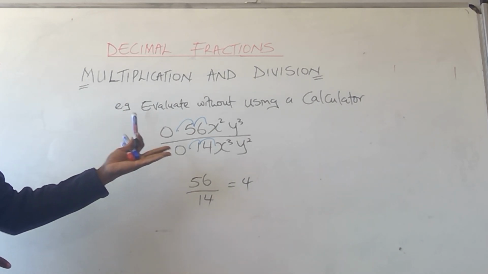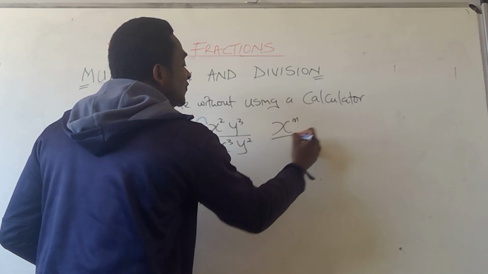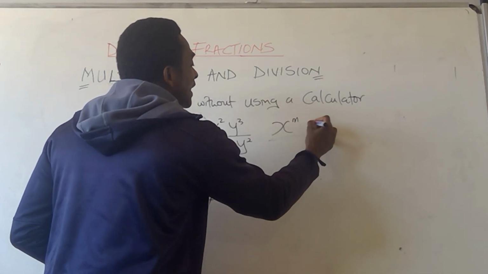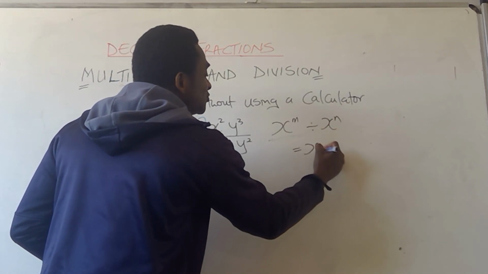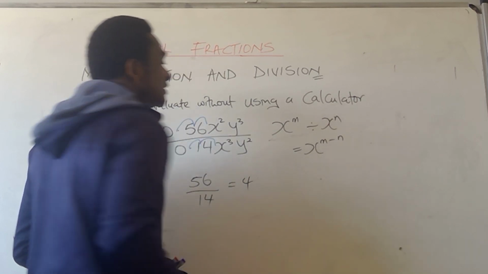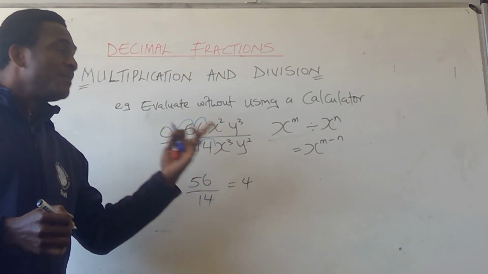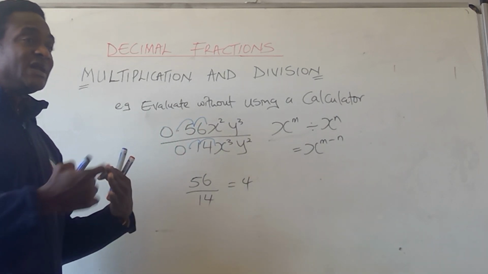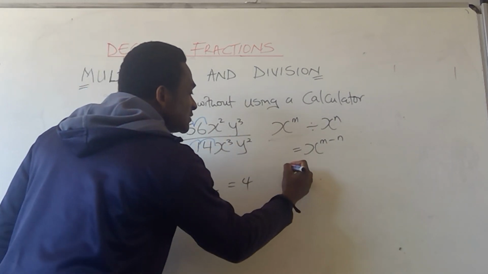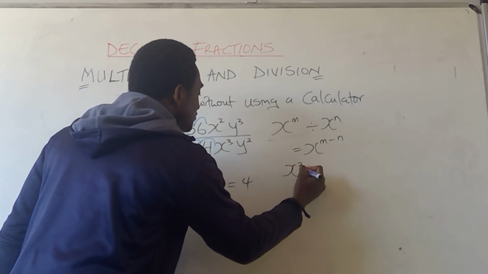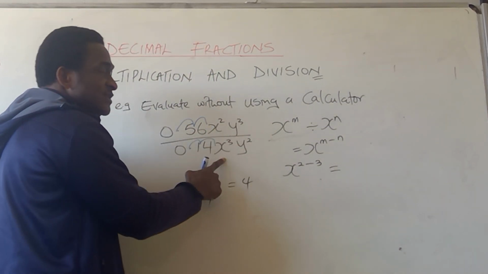Now for the variables, we apply the laws of exponents, which say that if I have two exponents of the same base being divided by each other, subtract their exponents. Remember, it is the numerator minus the denominator. It's not the larger number minus the smaller number. So here, the first one is going to be x to the power of 2 minus 3, because it's x to the power of 2 divided by x to the power of 3.